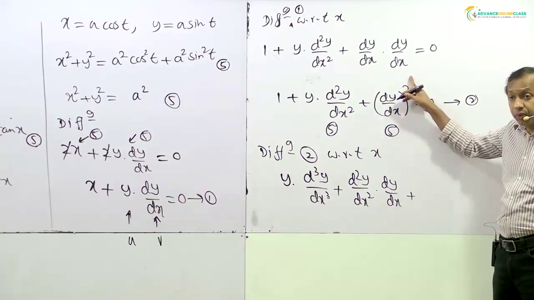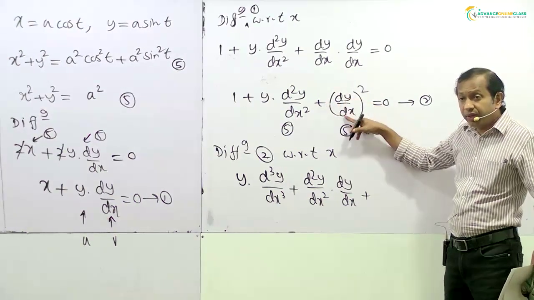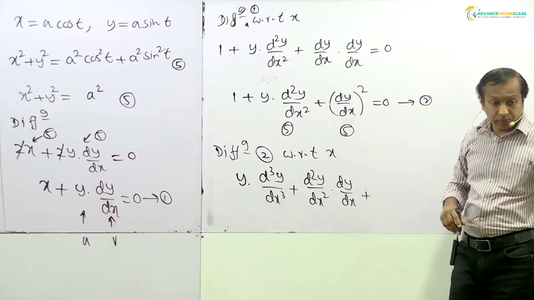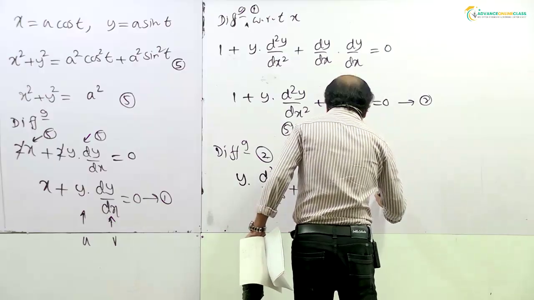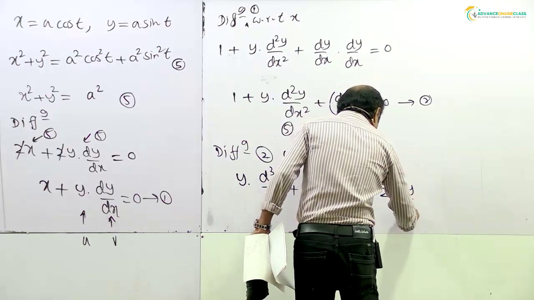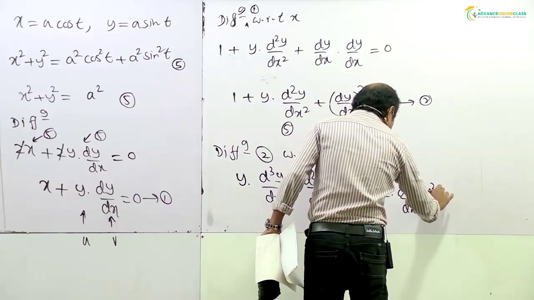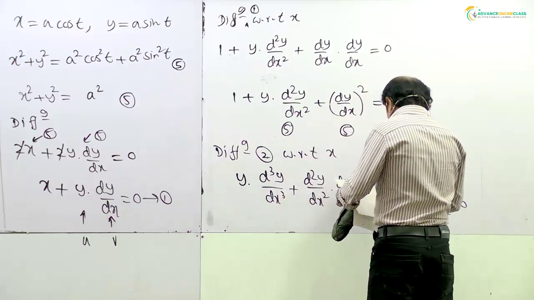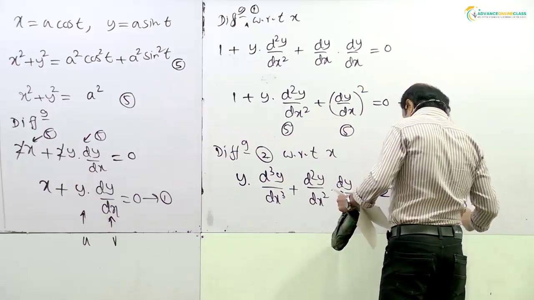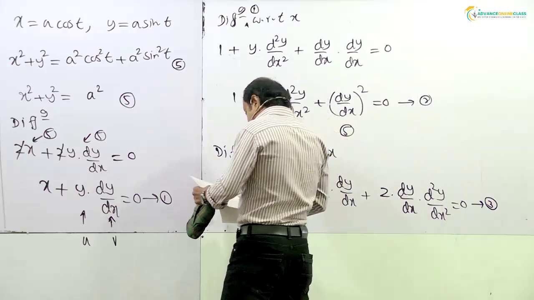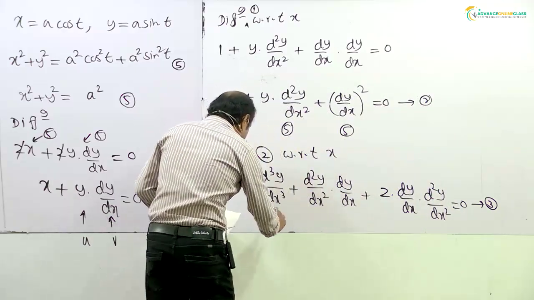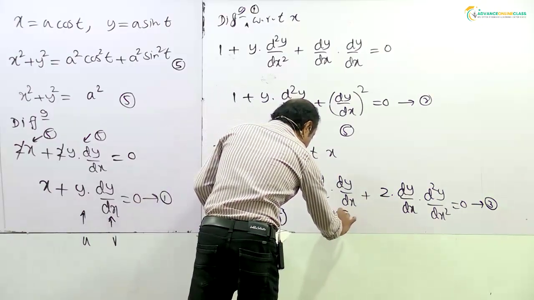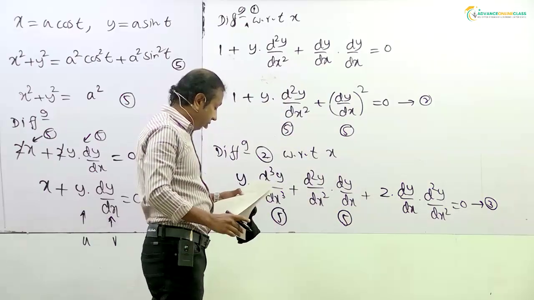We have to start from 2. 2 comes before, 2 dy by dx power 1 into the derivative of dy by dx, which is the second derivative. So 2 times dy by dx into the second derivative d2y over dx2 equals 0. This is number 3. So there you get marks like this. For this 5 marks come in, for this 5 marks come in.